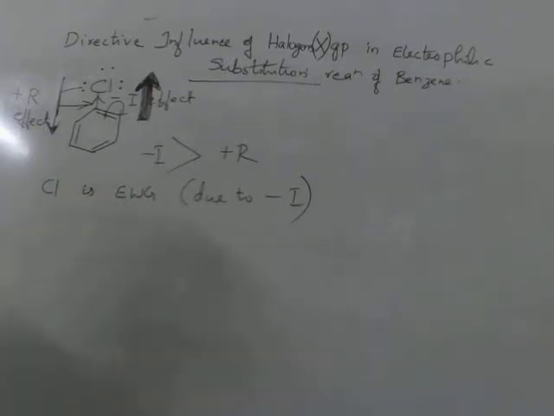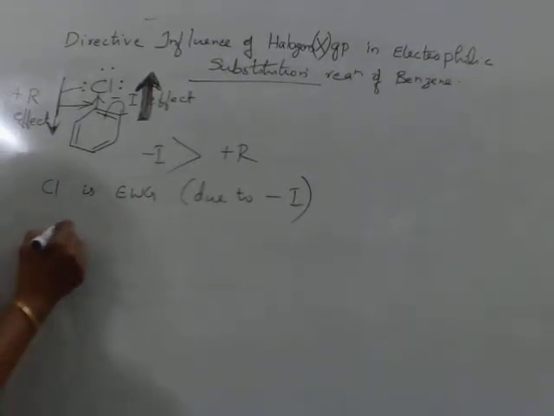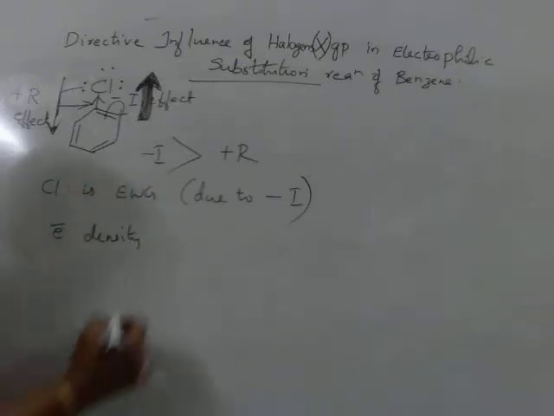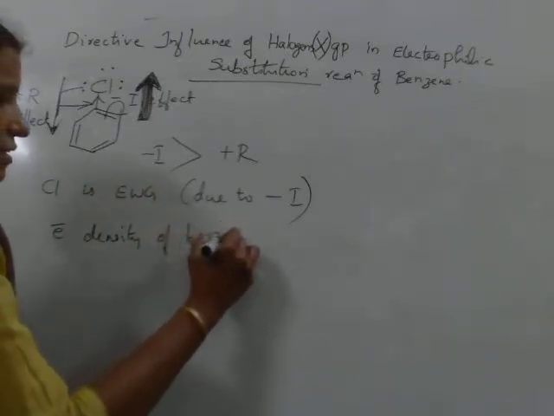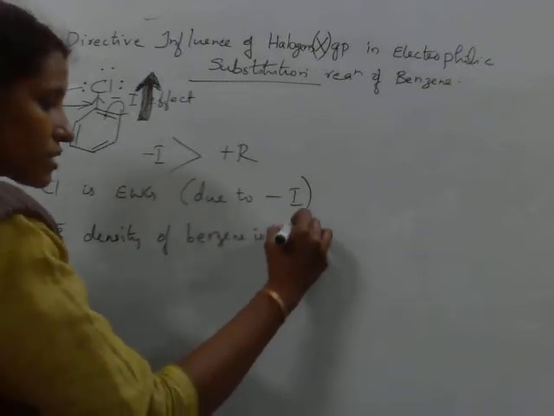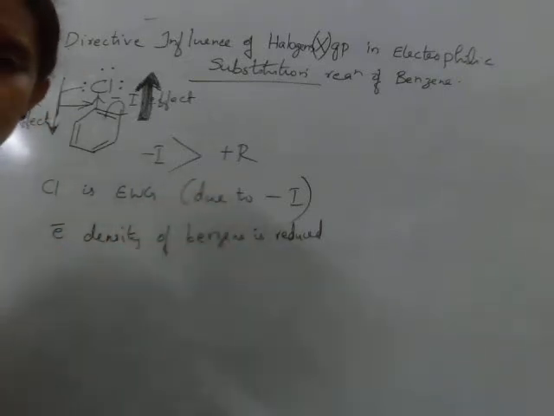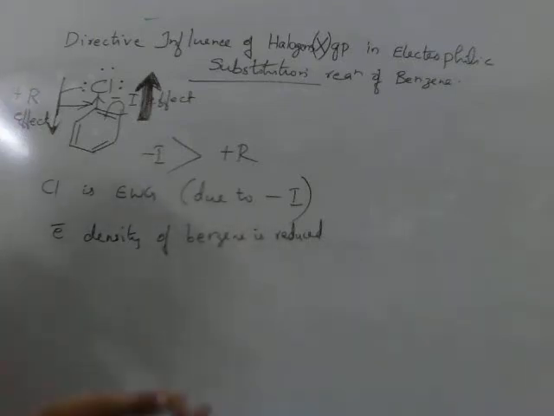Because it is electron withdrawing, the electron density of the benzene ring is reduced. Electron density or electron richness of benzene is reduced due to the presence of the chlorine atom. So attack of electrophile becomes more difficult.